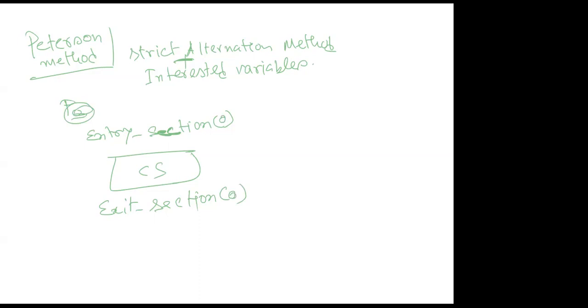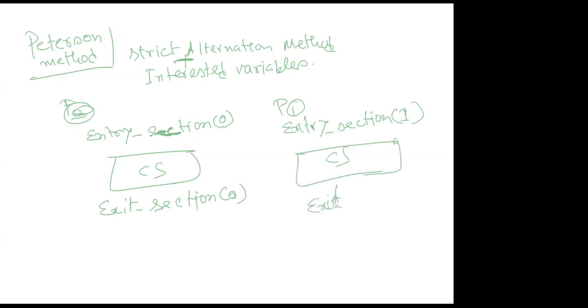And for process P1, when it calls the entry section function, the parameter is process number 1, and then the critical section, and then the exit section. Exit section is also another function, and its parameter is also the process number.